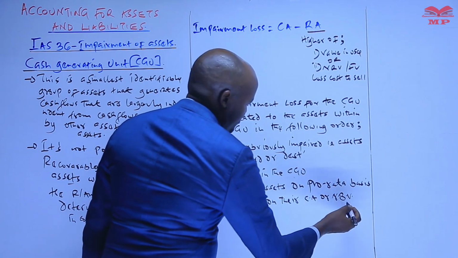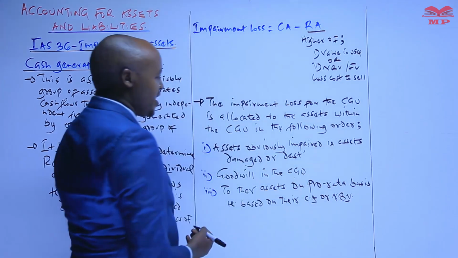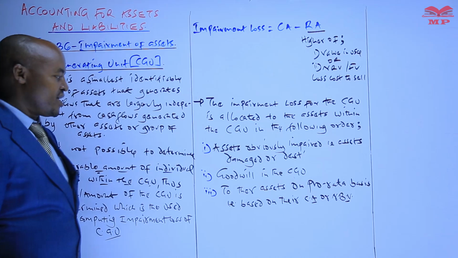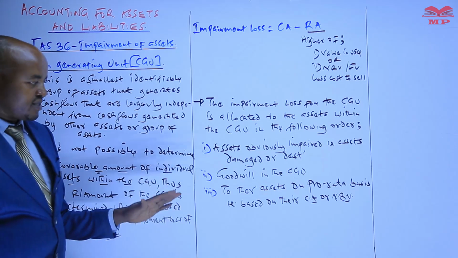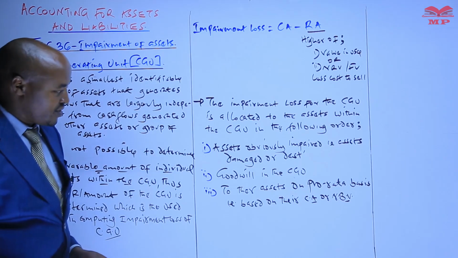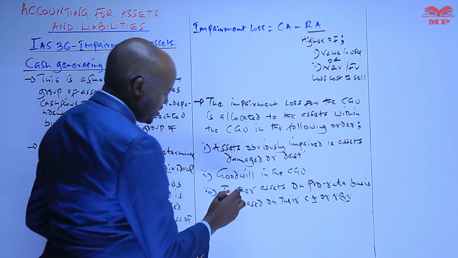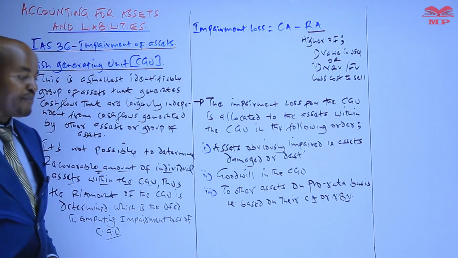So any impairment loss now will be allocated to the other assets other than goodwill, other than those particular assets which are obviously impaired, and that should be done in accordance with the net book value. In this case, we have said to other assets on a pro rata basis.